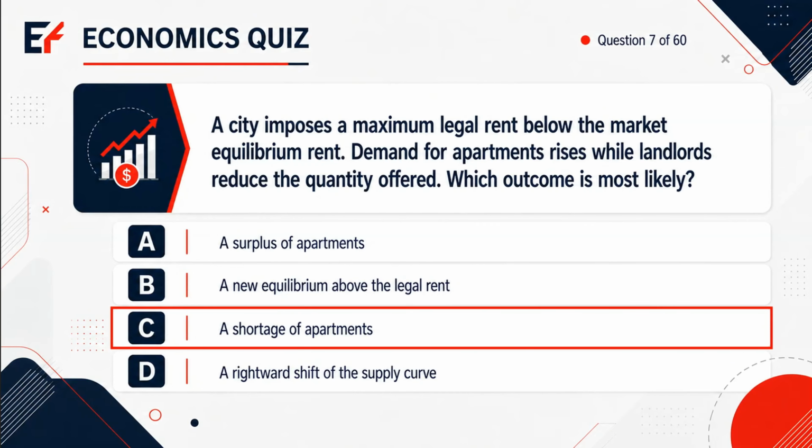Option A is wrong because a surplus happens when quantity supplied is greater than quantity demanded. Option B cannot happen legally while the ceiling is binding. Option D is also incorrect because the rule does not increase supply. It reduces the quantity landlords are willing to offer at that price. Remember, a binding price ceiling creates excess demand, and excess demand means shortage.